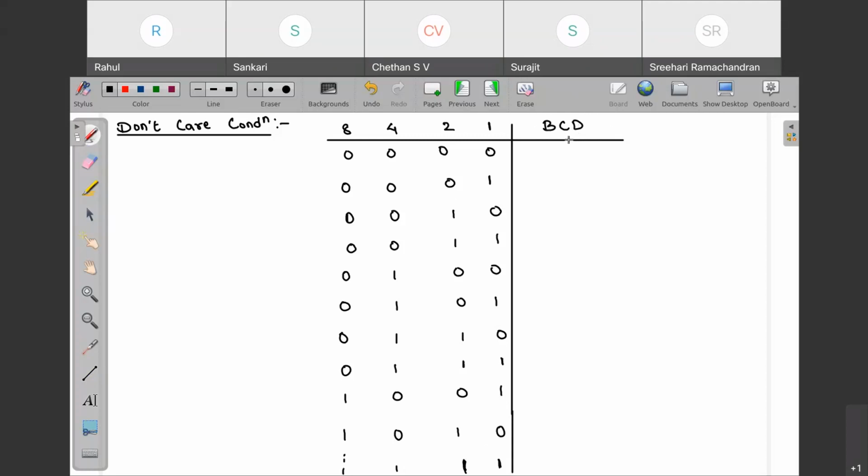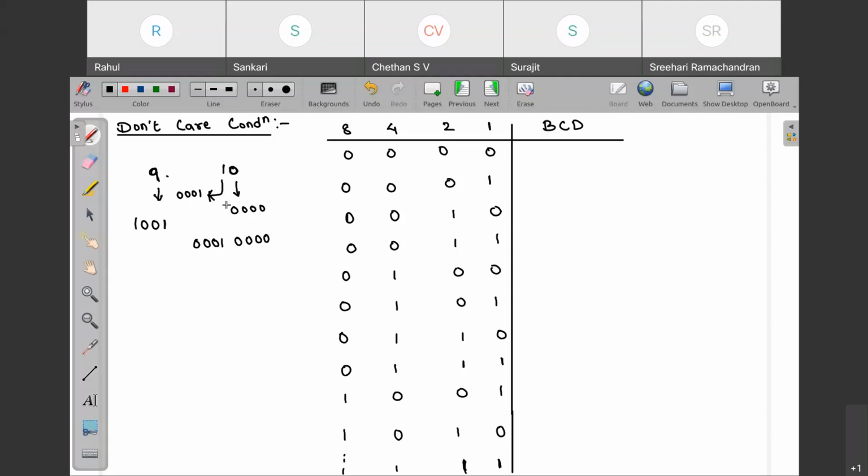Suppose I want to write 9 in BCD. 9 is a decimal number, and in BCD form I represent it using its 4-bit equivalent binary number, that is 1001. If I want to write 10, I write the 1 using its 4-bit binary equivalent, 0001, and the 0 as 0000, so that will be 0001 0000.